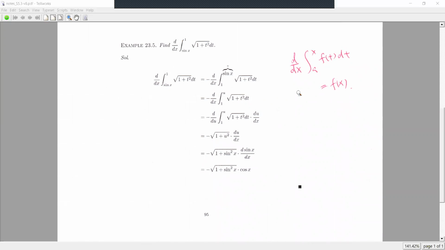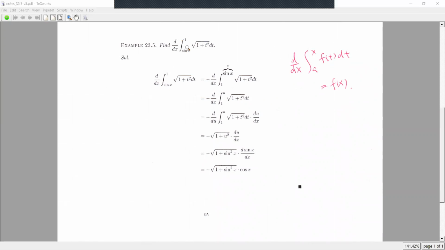I want to use this formula, fundamental theorem part 2. In this formula, the lower limit should be a constant, but the lower limit here is sine of x, not a constant.